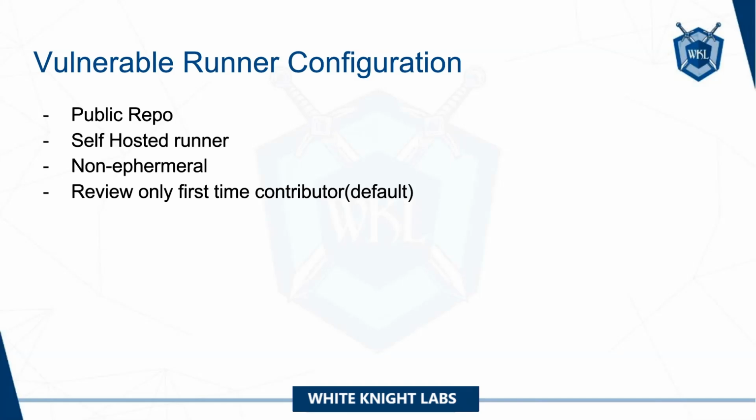This can easily be identified by looking at a recent workflow run, and during the checkout step it would contain a step called cleaning the repository. If the cleaning the repository step is present, then it is a non-ephemeral runner.